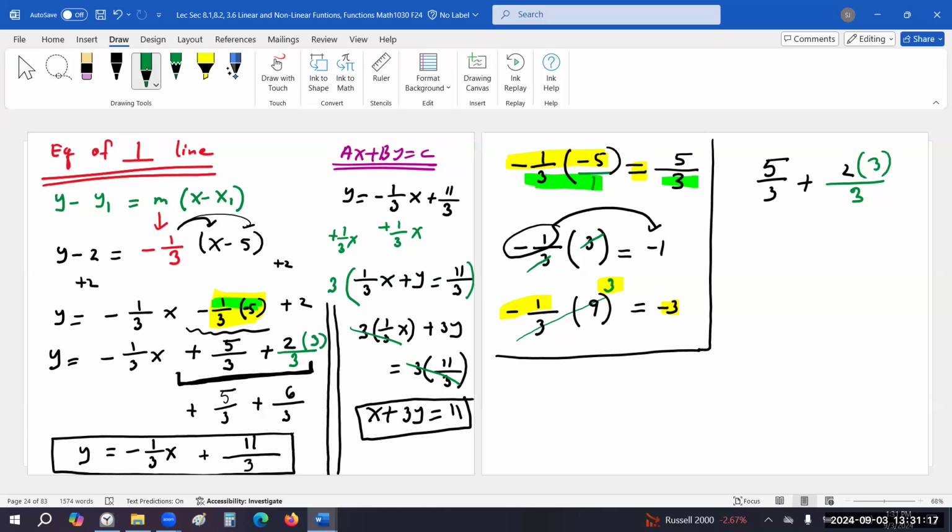Math is happy, we are happy. Now we can combine the 2 fractions. We have the same 3, so we write 3 once, and we combine our numerators. First numerator is 5, then you add the second numerator. So 5 plus 6, that gives us 11/3.